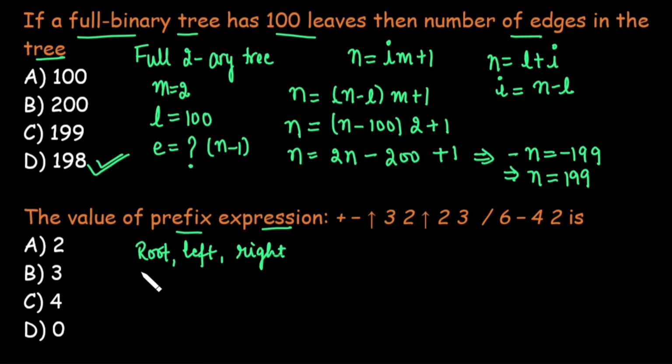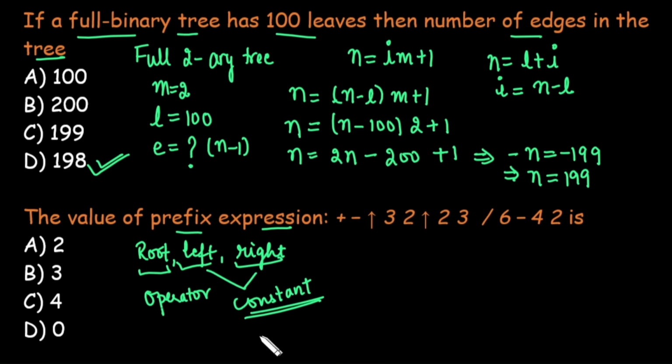In root, we always take an operator, and left and right always act as a constant or a variable. Right now there exists no variable and we need to evaluate this expression. It means we deal with the constant. So in case we have operator constant form, we will operate that. How to operate? We will treat it as constant operator constant. Let's try to implement this concept here.